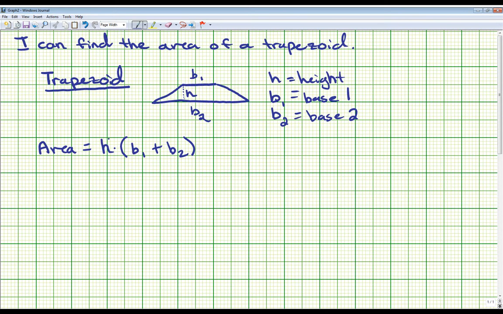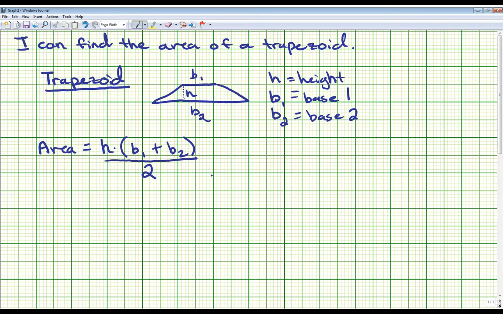Then we'll multiply it by our height of the trapezoid. And then lastly, we have to cut it in half, kind of like we did with our triangle. That is a terrible straight line. Let's try that again. Divide it by 2. So again, we have to use PEMDAS here. We have to use order of operations. So we add in the parentheses, then multiply that by our height, and then cut that in half or divide by 2. That's the process when we find the area of a trapezoid.